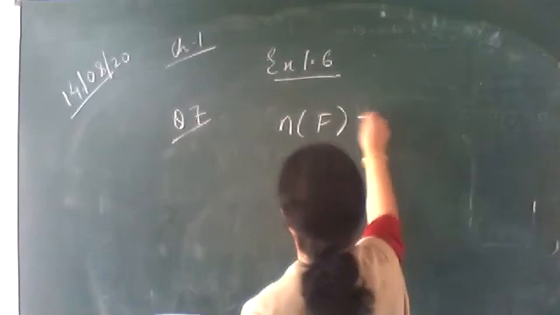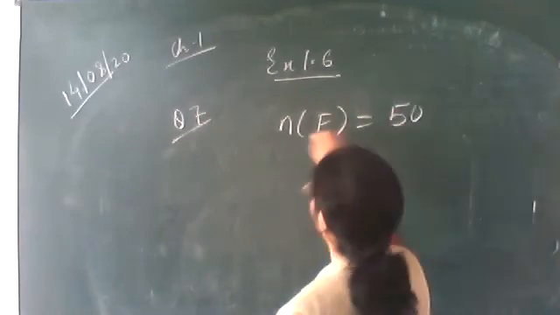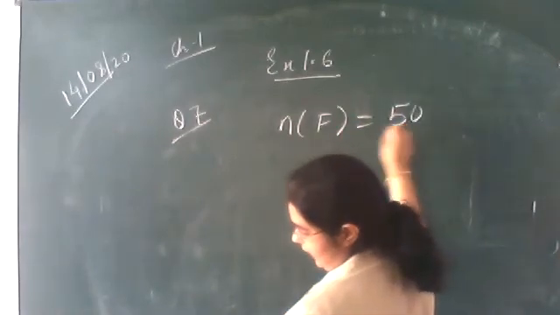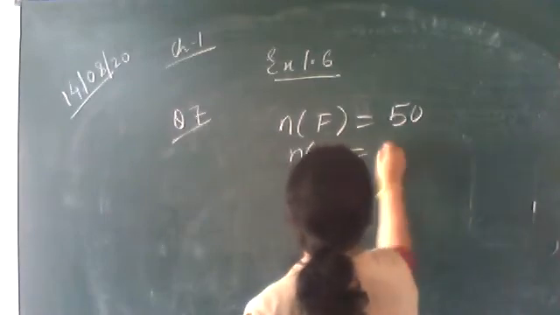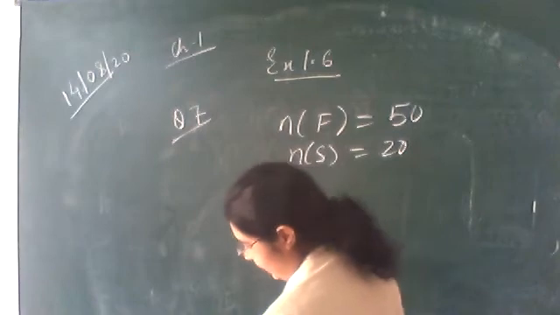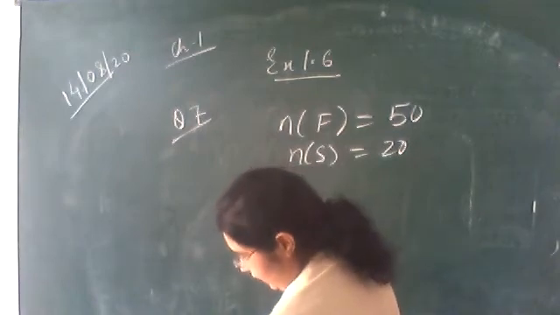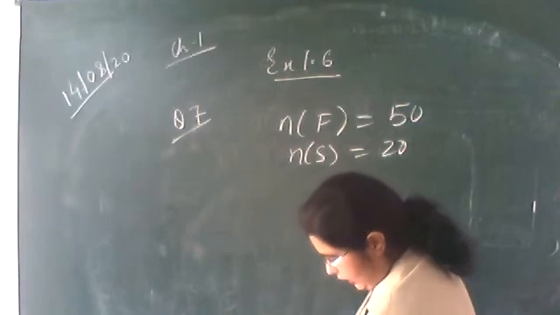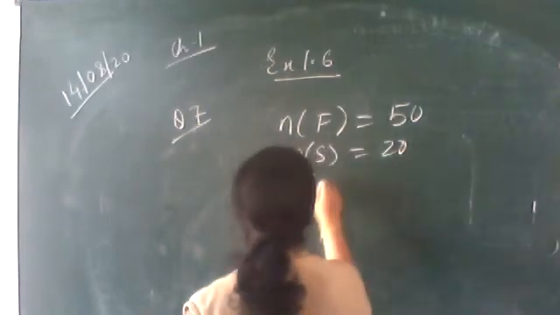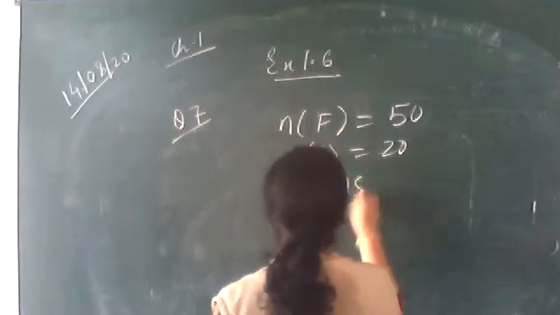I am writing only F. n(F), the number of people who can speak French, is 50, and 20 speak Spanish. n(S) is 20. Then they are saying 10 speak both, 10 speak French and Spanish.